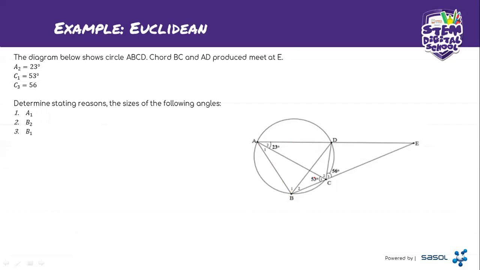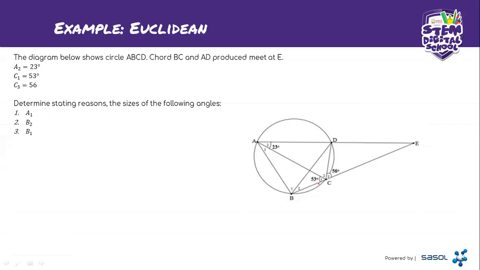You see that BC and AD produced meet at E, right? Therefore angle A2 equals 23 degrees. You can see there. And angle C1 is 53 degrees. And the last one, angle C3 equals 56 degrees.